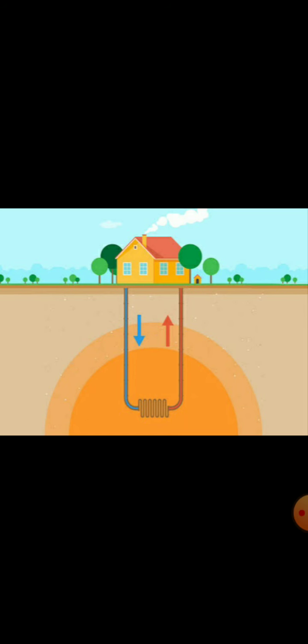So the steam which is generated in rocks will be sent to the turbine through what? Through pipes. You can see in the figure there are pipes, and through those pipes the steam will be routed and sent to a turbine. And we all know when the turbine rotates, it generates electricity. So this is how geothermal energy is trapped.